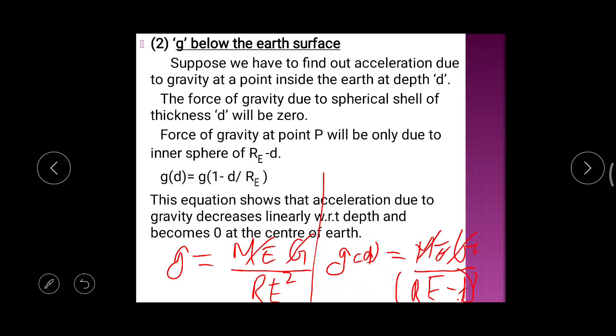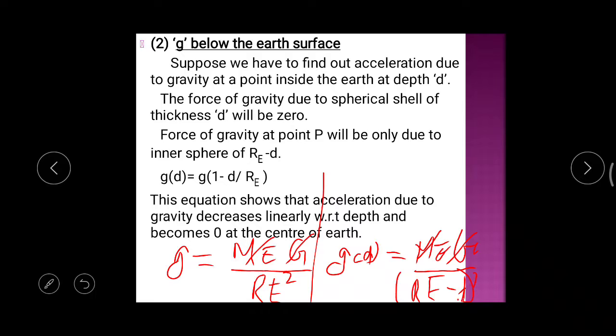So as you are taking the ratio, you will get the relation that g_d by g is equal to (R_E - d) the whole square divided by R_E square.